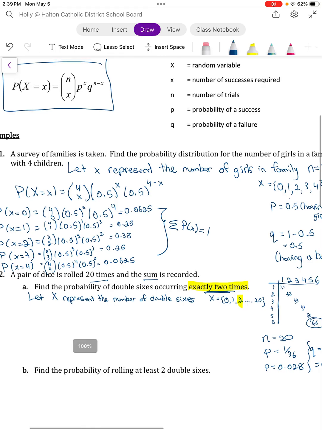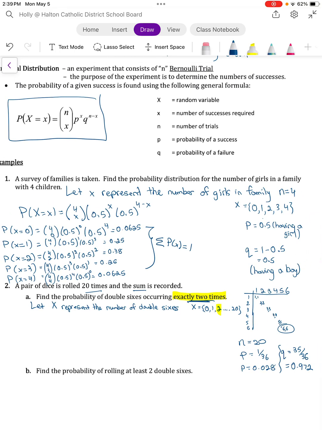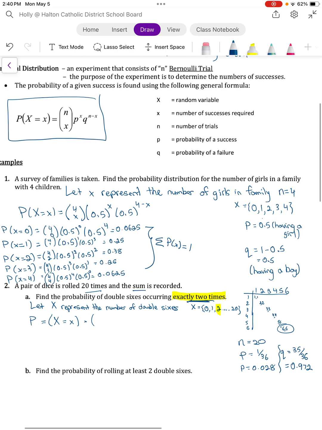So let's write out our formula. So P of the random variable equal to my successful trials would be 20 choose X, times the probability of success 0.028 to the power of X times 0.972 to the power of 20 trials minus X. So now we can sub in our values.